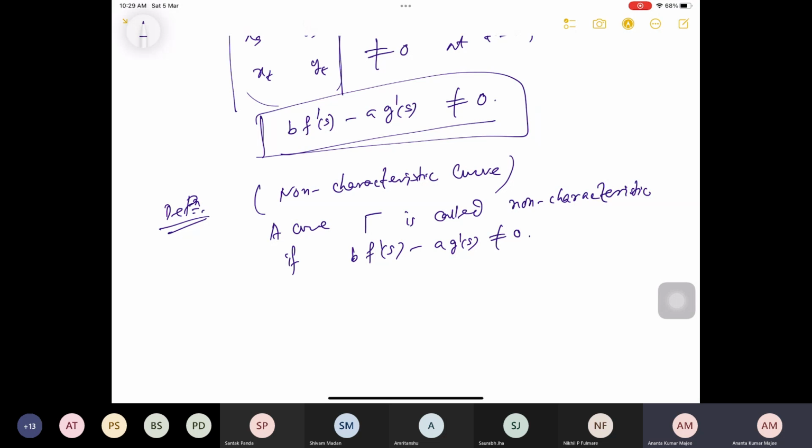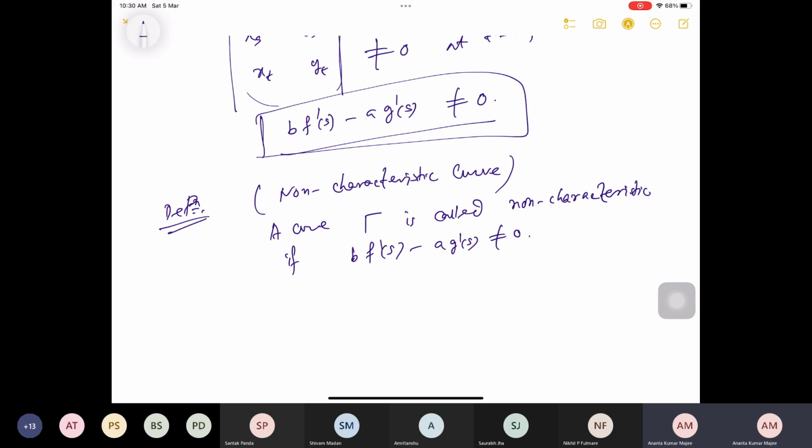That is how we started: if u is a solution, then at any point x0, y0, the vector should lie in the tangent plane. Here I have b and c. There is no way, you just project in the xy plane.